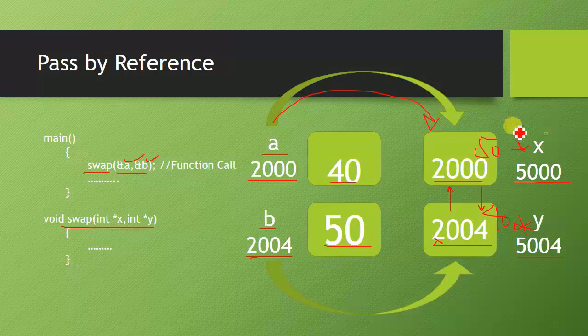If we make any changes in our called function, those changes are reflected back in our calling function. If we print the values of a and b after using the function, the values are also changed. In variable a you will find 50, and in variable b you will find 40.